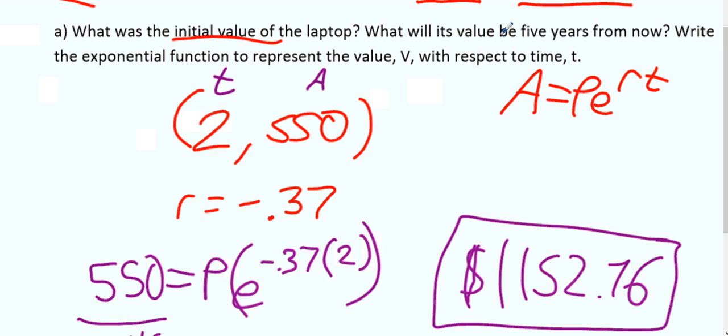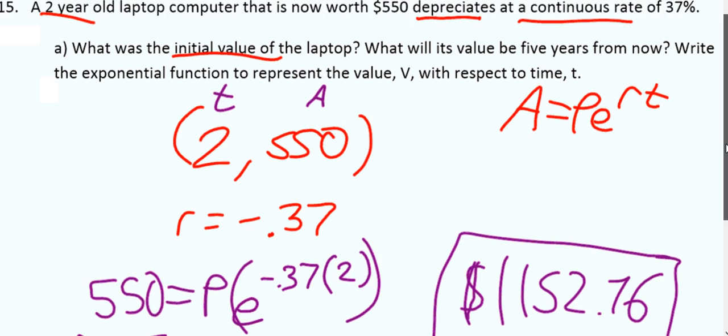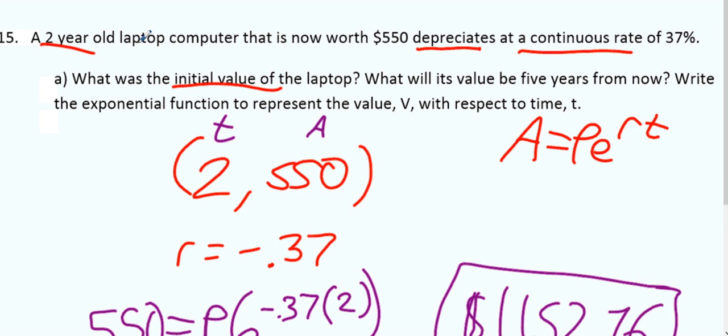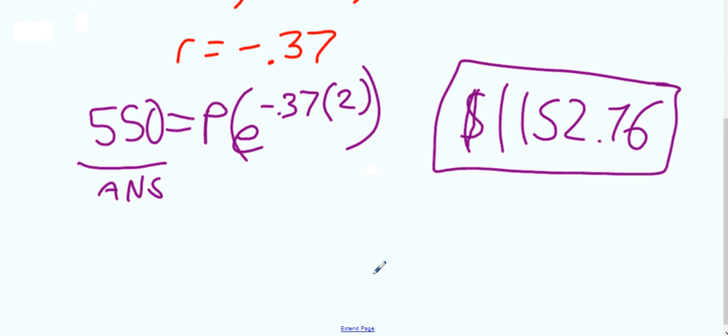And what will its value be 5 years from now? From now, how old is the laptop going to be? It's already 2 years old, 5 years more. So that's when t equals 7. So we know the equation with the initial cost of the laptop.